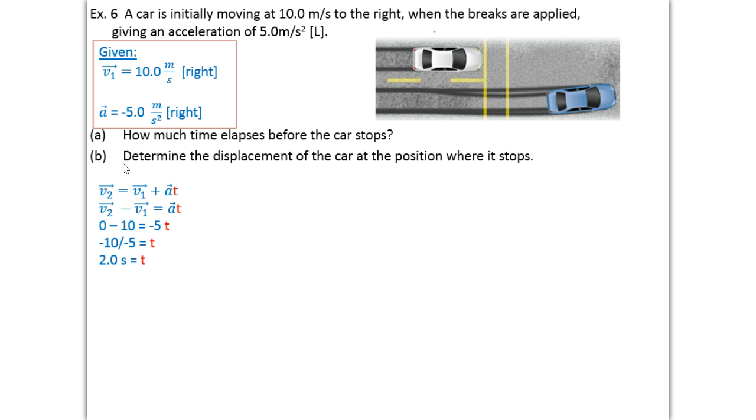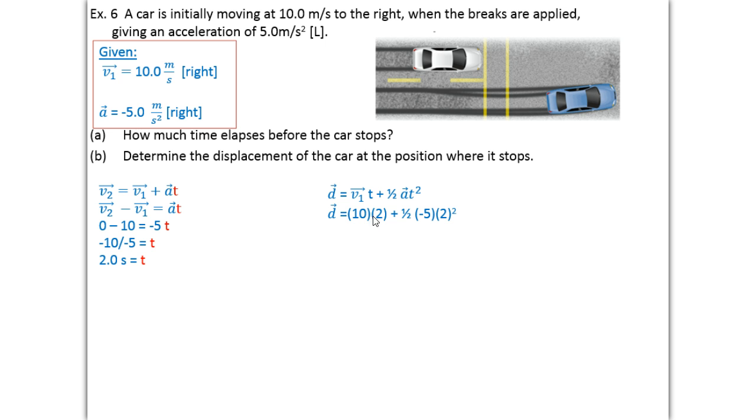Now the next question: determine the displacement of the car at the position where it stops. So how far did the car travel? Now you have time, you know the beginning velocity, and you know the acceleration.